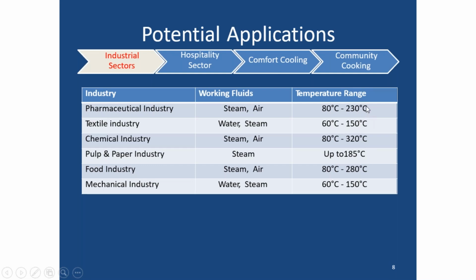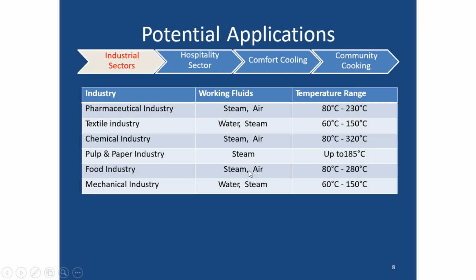Before designing any system, we must have this data, this specific idea about the temperature range, so that we can select the proper collector. Now again, in the chemical industry, the temperature range is 80 degrees Celsius to 320 degrees Celsius. In the pulp and paper industry, we are using steam, and the temperature requirement is up to 180.